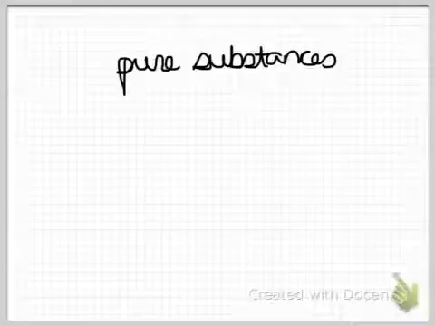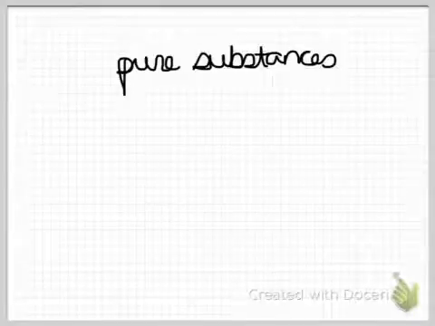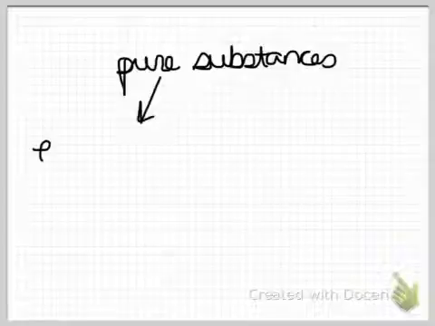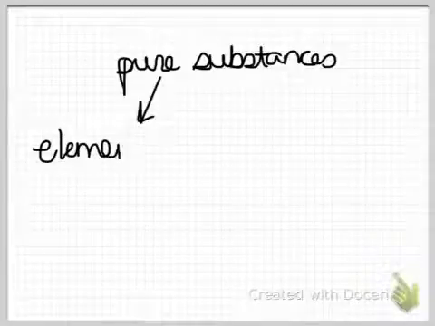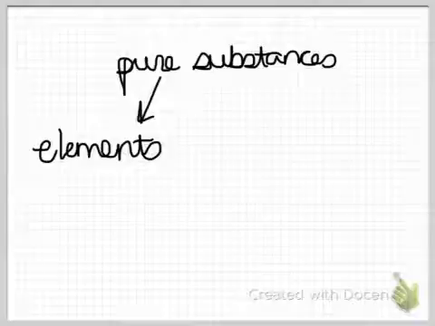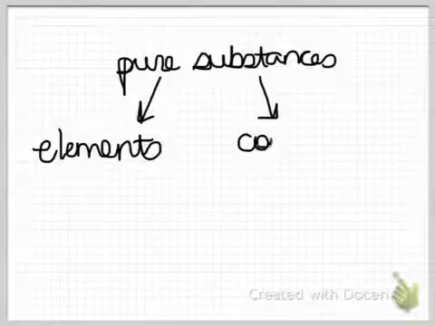Earlier in this unit, we looked at pure substances and categorizing matter into pure substances or mixtures. Well, we're going to review this. So pure substances can either be elements, and those are found on the periodic table, or compounds.